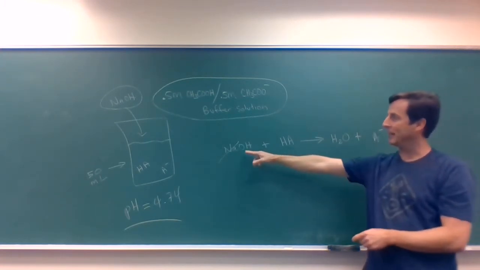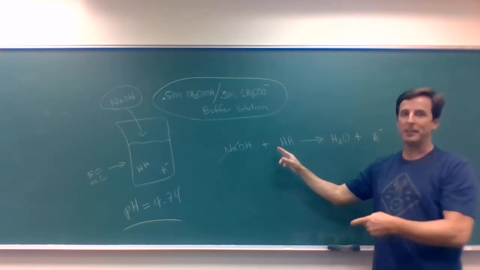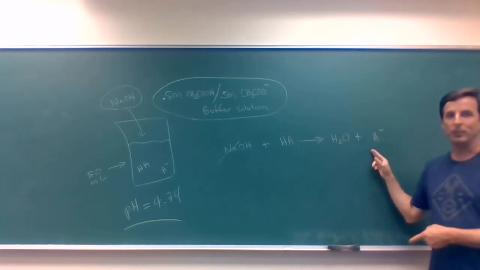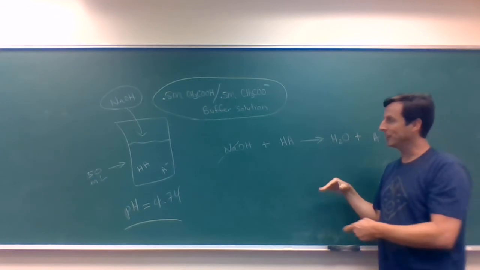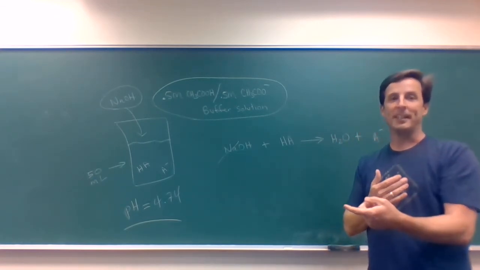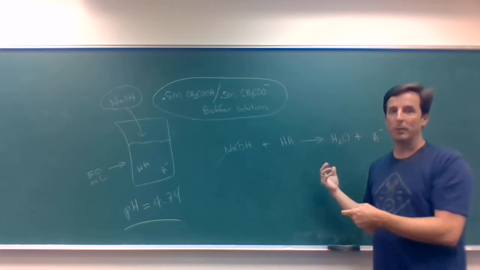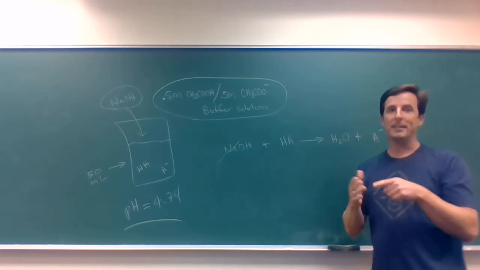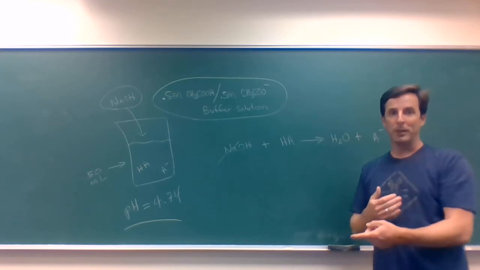So essentially the base is going to remove the hydrogen from the acetic acid and turn it into acetate. Now, this reaction is going to happen to the fullest extent that it can. Meaning this is not an equilibrium reaction. This is an acid-base neutralization. It will go to completion.